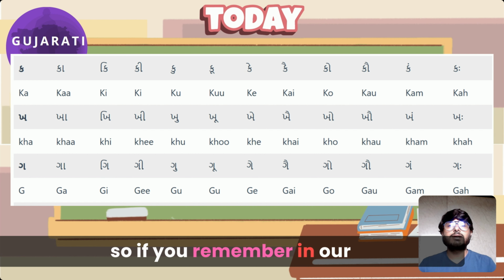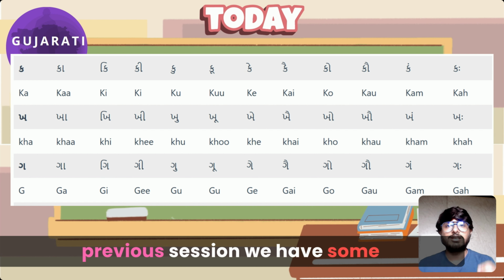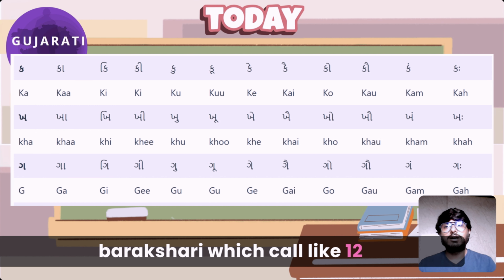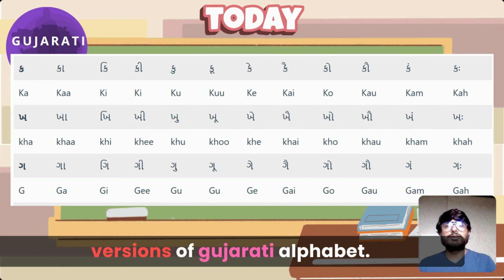So, if you remember in our previous session, we had some glimpse of this Gujarati Barakshari, which is called the 12 versions of the Gujarati alphabet.